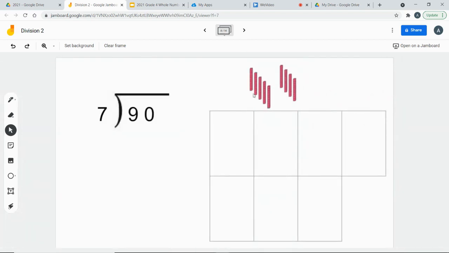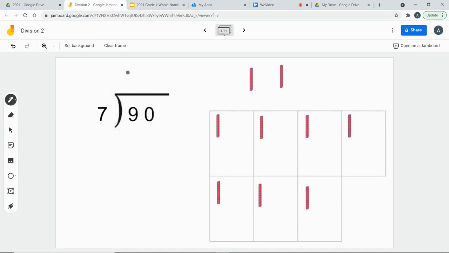I have 9 tens to be divided into 7 groups. I can put 1 ten in each group. 1 times 7 is 7.